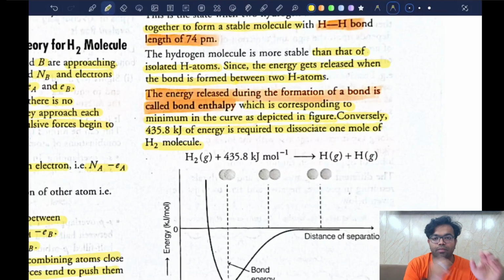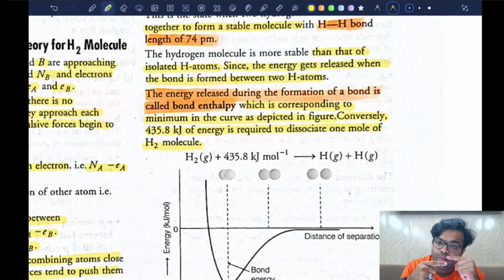So, 2 moles of hydrogen atoms became 1 mole of H2 molecules by giving away 435.8 kilojoules per mole of energy. Now, if you want to break them, you have to provide the same amount of energy.